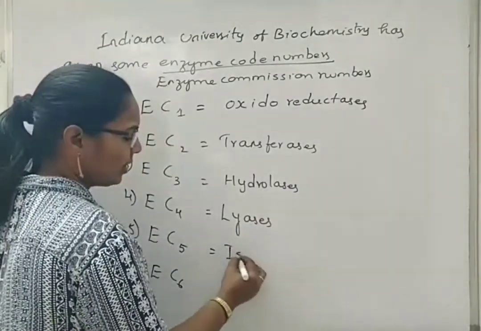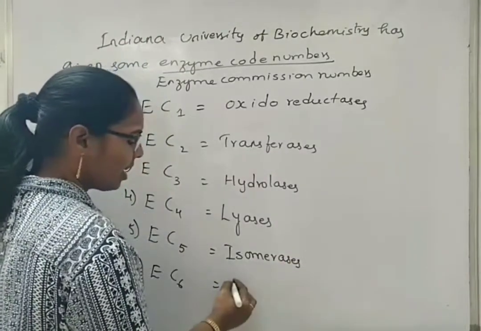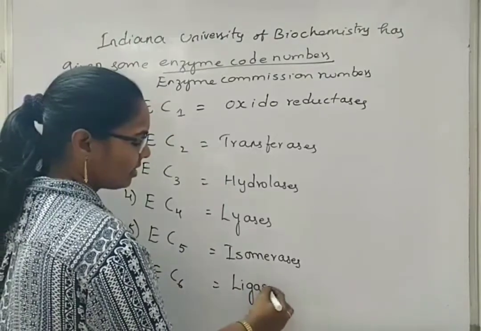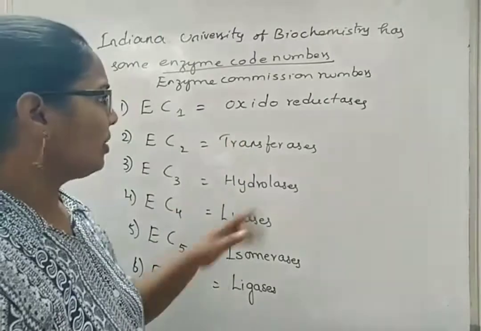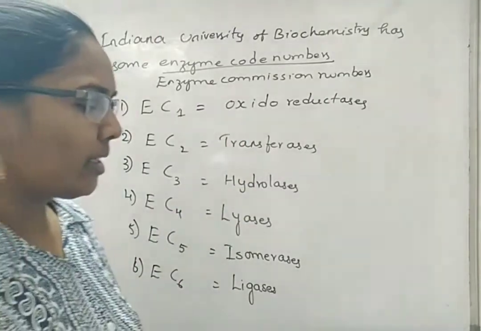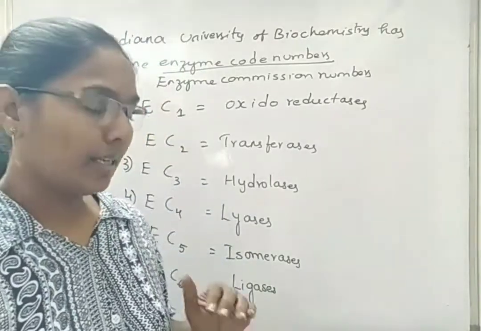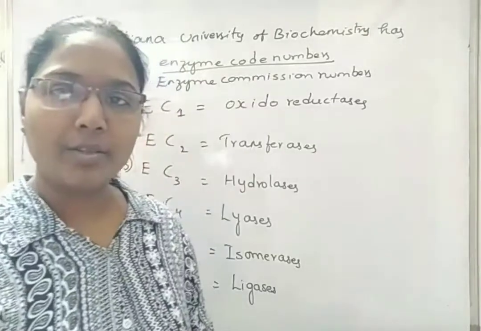Under the fifth, isomerases. The last, sixth type, involves ligases. Now we will see one by one. These are the 6 types of enzymes given under the classification of enzymes.